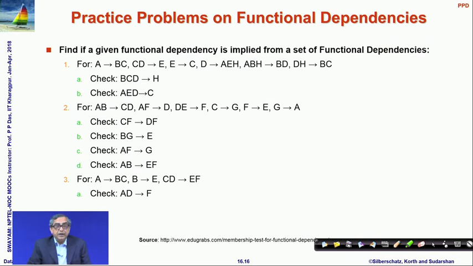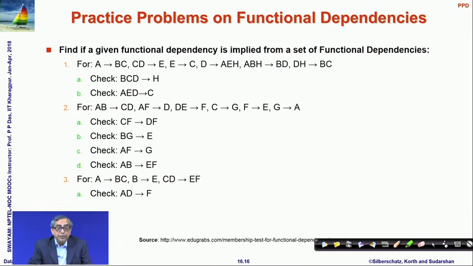We have put a number of practice problems for various kinds of things that you can do with functional dependencies. In the first set of problems, you have to find if a given functional dependency is implied from a set of functional dependencies.